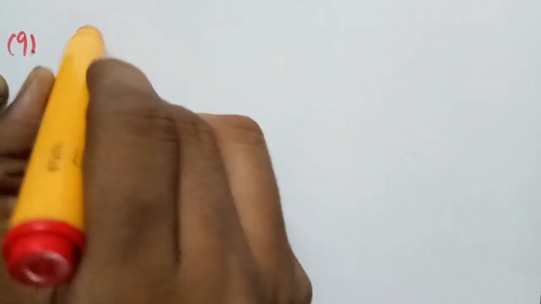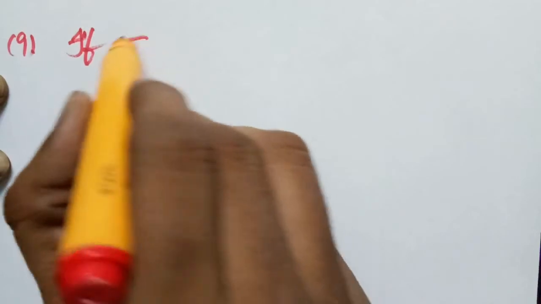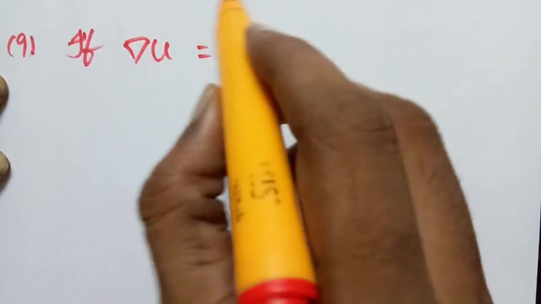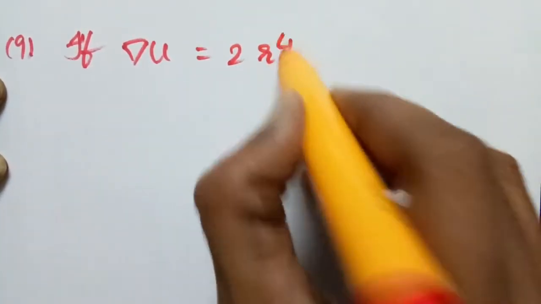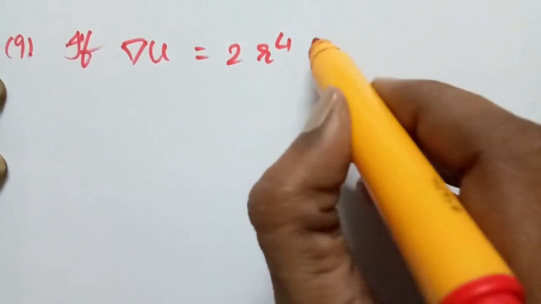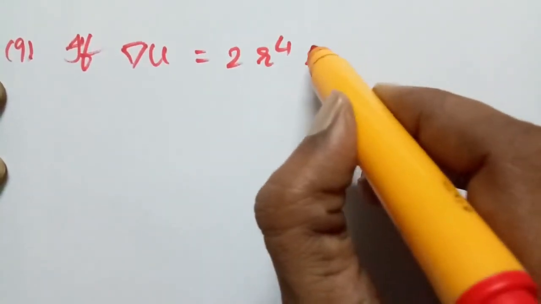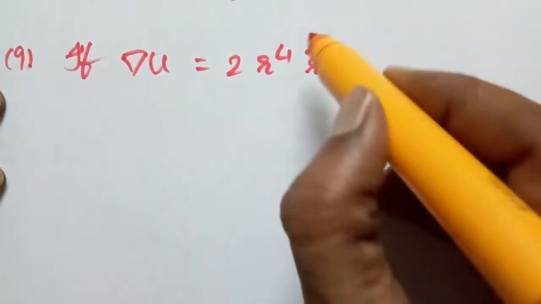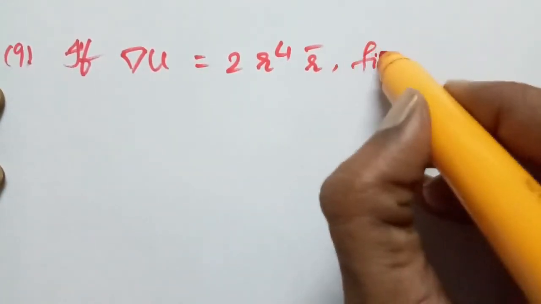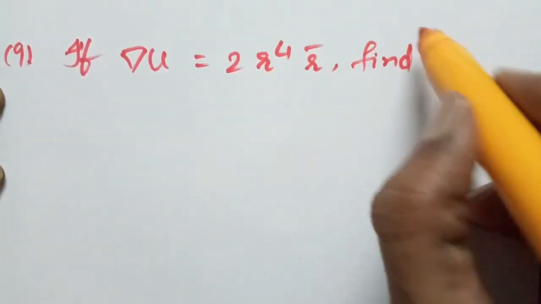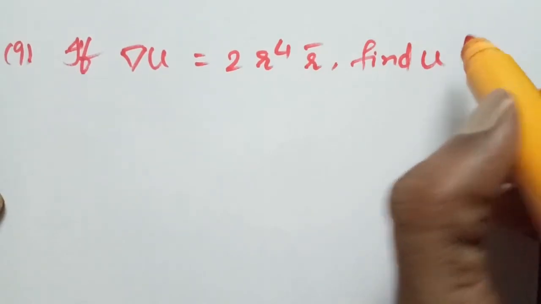Ninth one: if del of u is equal to 2 into r power 4 into R, that is r bar, find u.